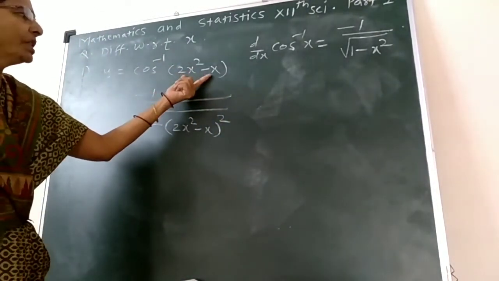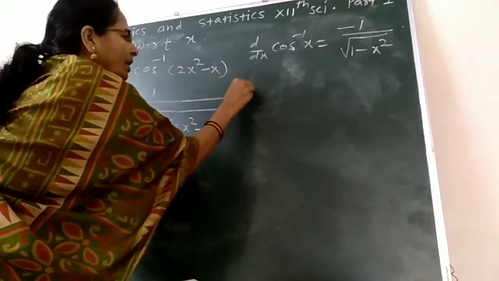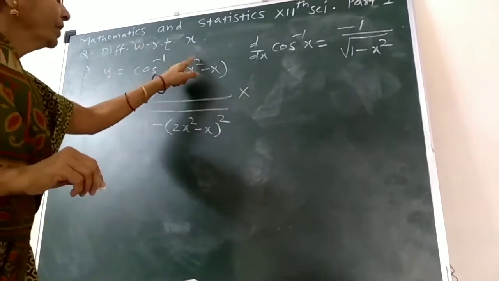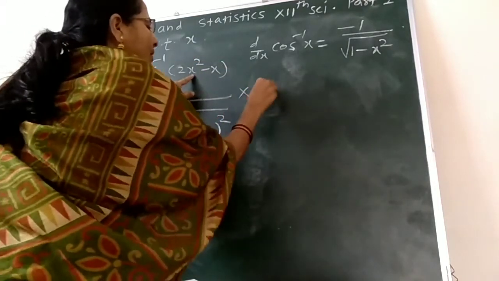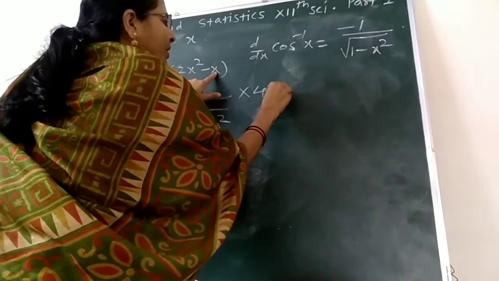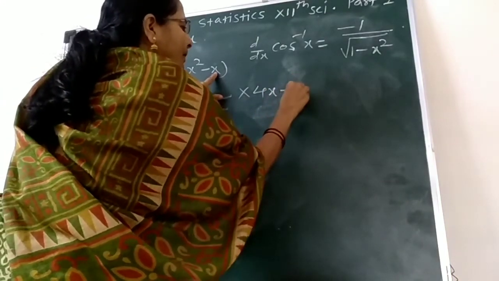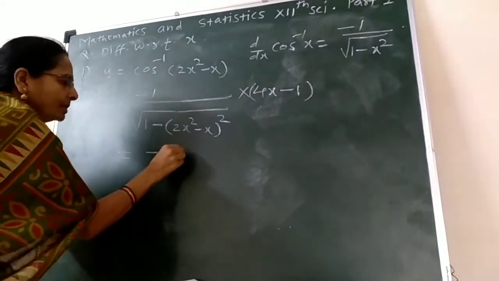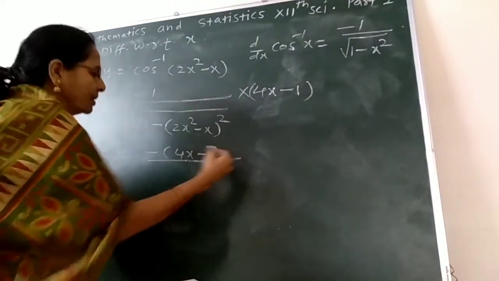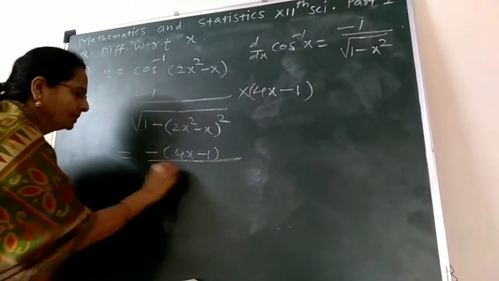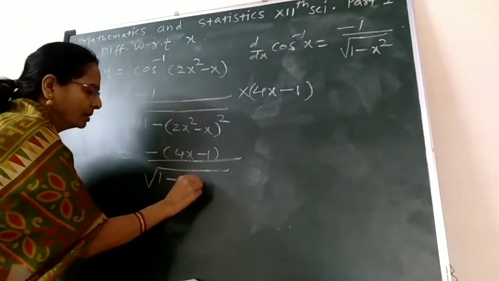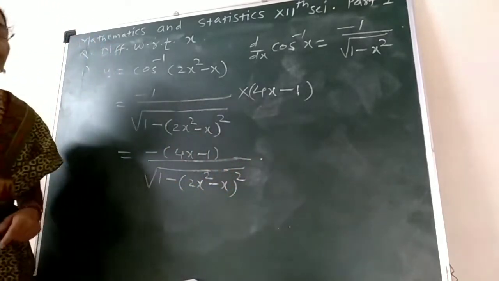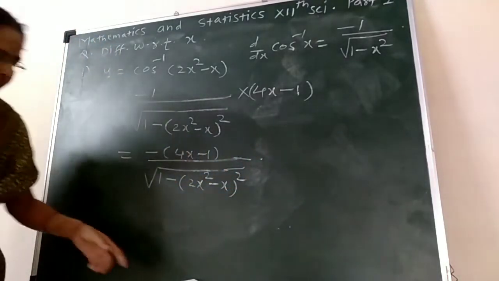But this is composite function, so multiply by derivative of this. Derivative of this term is 4x. Derivative of this term is 1 minus 1. In the numerator, minus 4x minus 1, upon root 1 minus (2x square minus x) bracket square. This is the answer.